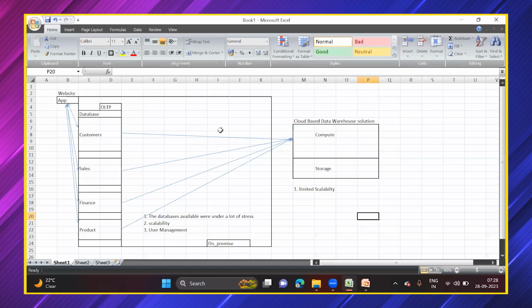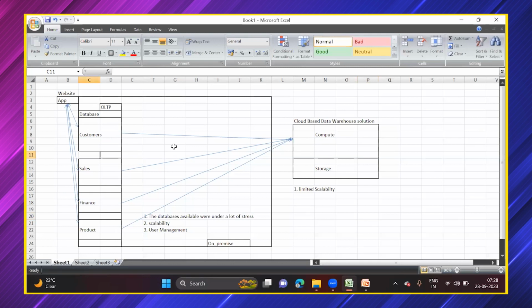Because there are a lot of benefits of moving to the cloud as opposed to the on-premise solution, the cloud-based solution provided a lot of benefit to customers compared to the earlier solution. One more thing I wanted to mention: here you can see the websites are running with some databases in the backend.